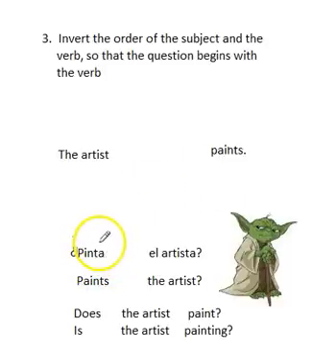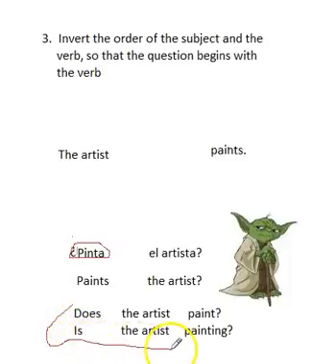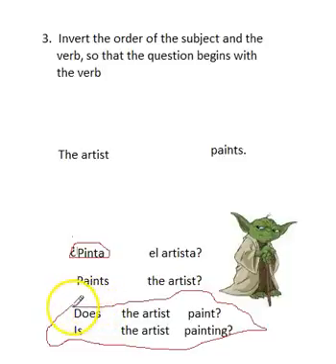Okay? So, pinta el artista. And what we want to say here is, does the artist paint or is the artist painting? But again, we don't have does, we don't have is. We just have to say, pinta el artista.